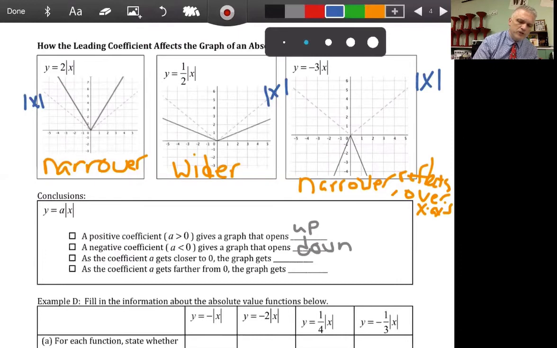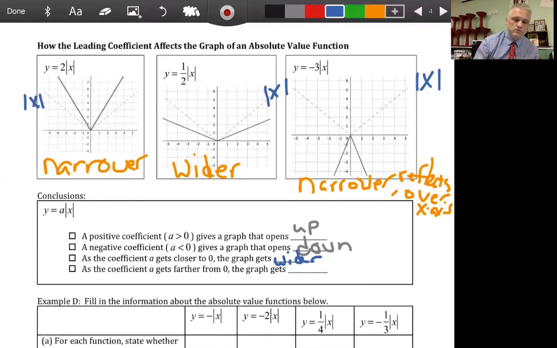As the coefficient gets closer to 0, like we went from 1 to 1/2, it got wider, or you could also say less narrow. As the coefficient gets farther from 0, the two sides of the absolute value get closer to vertical, and that makes the graph narrower, or you could just write more narrow or less wide.